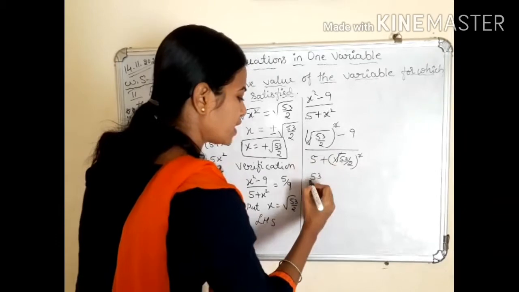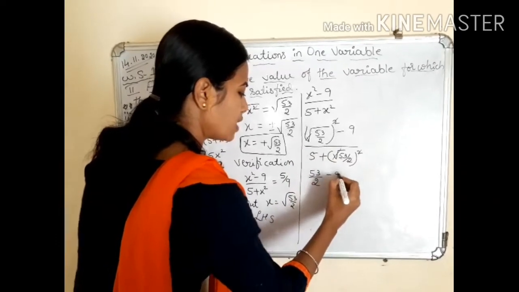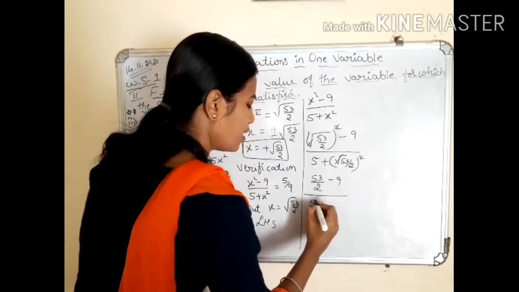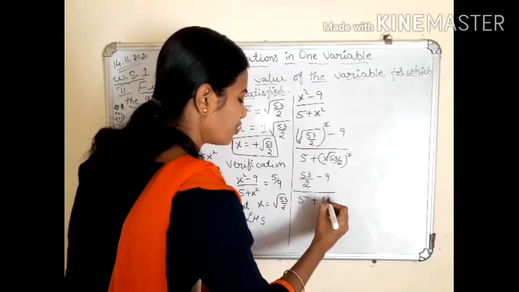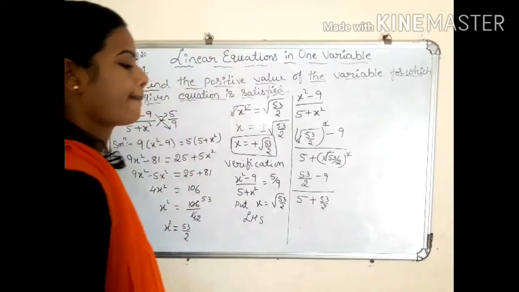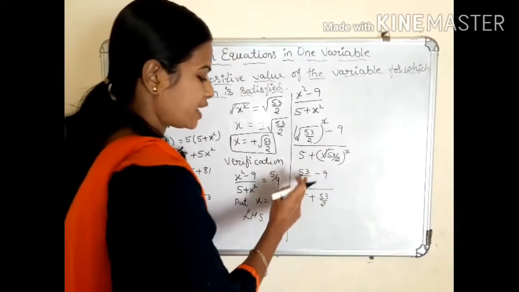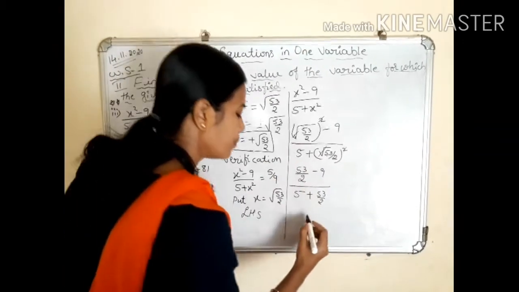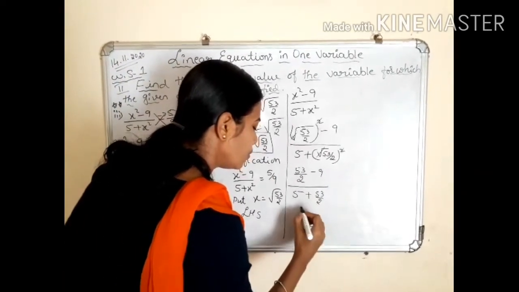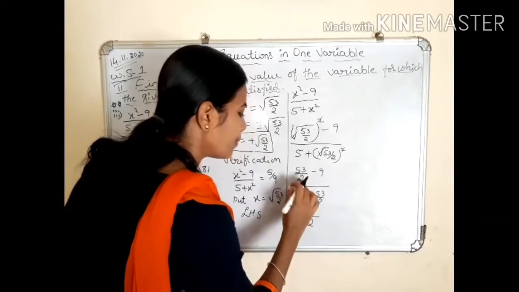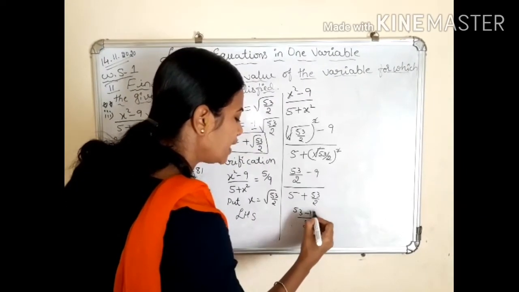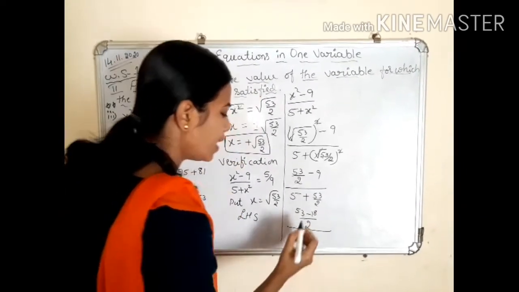Remaining in the numerator is 53/2 minus 9, whole divided by 5 plus 53/2. Simplify the numerator by taking 2 as the LCM: 53 minus 2 nines, which are 18, whole divided by 2.